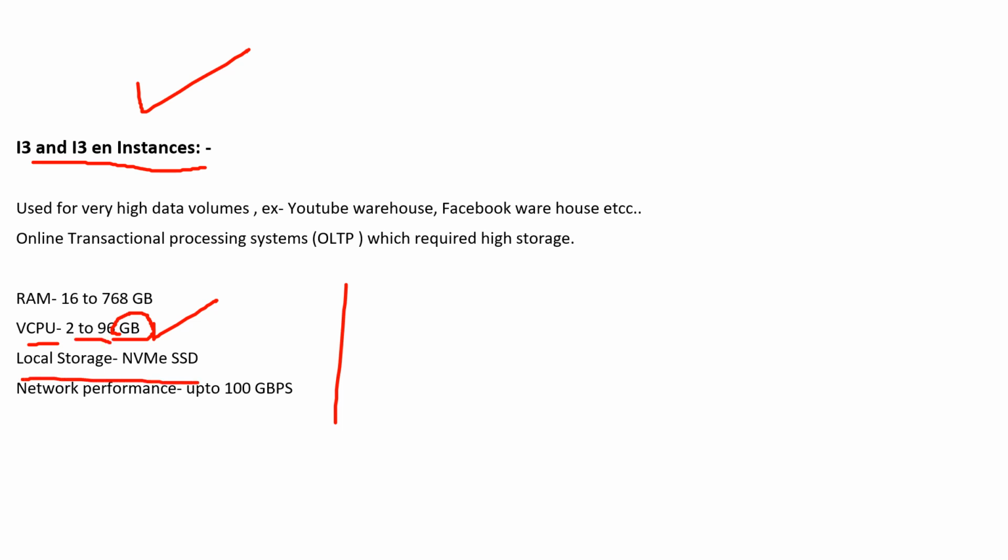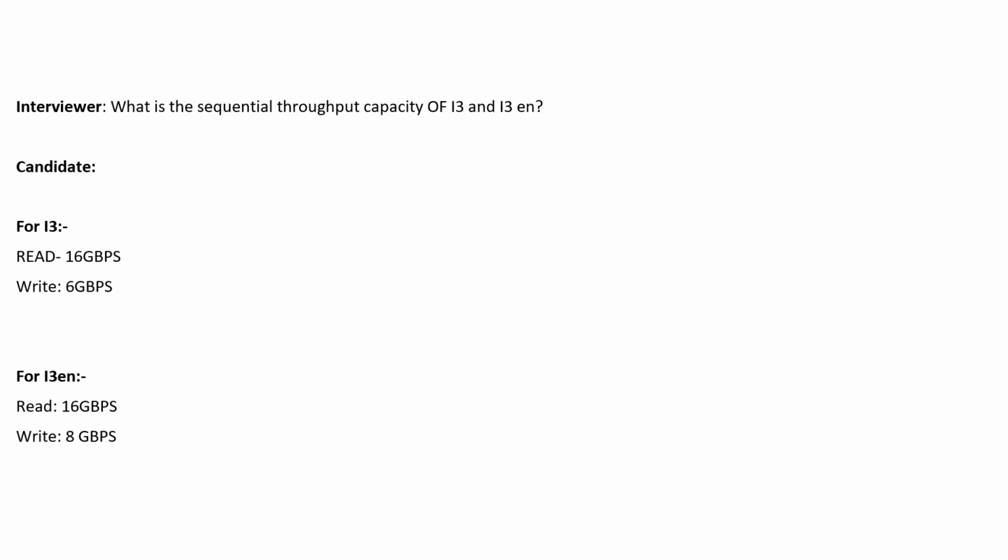Local storage is NVMe SSD, and network performance is up to 25 Gbps to 100 Gbps. So i3 instances and i3en instances are the advanced storage instances in cloud services.